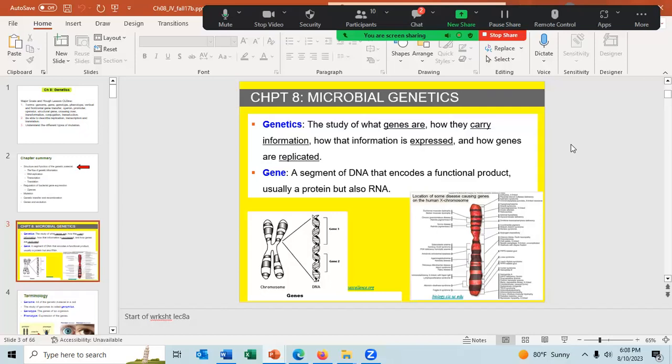Some genes only code for RNA, like the tRNA gene or the rRNA gene. Any questions about any of that?